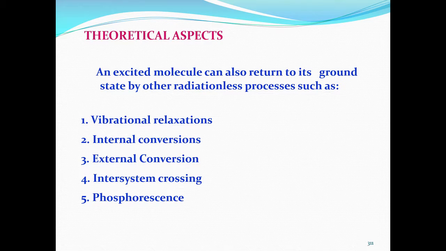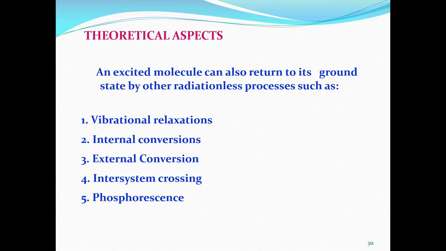This also I have shown you in the same figure, and sometimes external conversion is possible, and then intersystem crossing from S2 to T2. It is a straightforward transition. This is known as intersystem crossing, and of course another phenomenon is phosphorescence. So, the excited molecule can lose its energy by different phenomena, and still emit a radiation of longer wavelength.